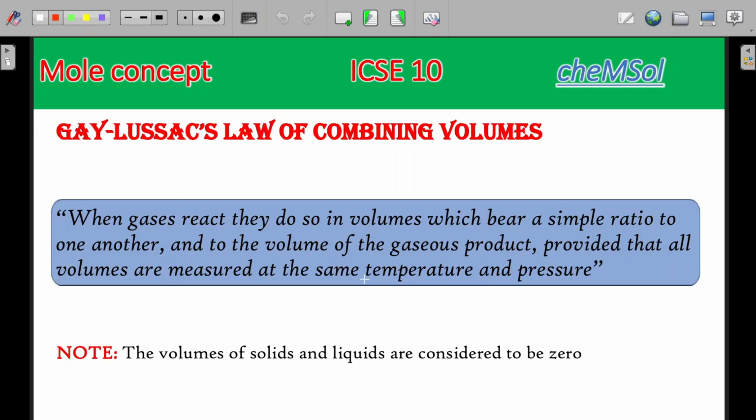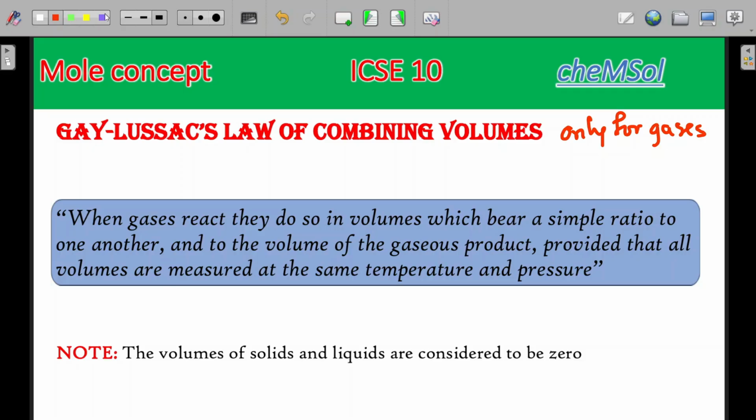Remember, Gay-Lussac's law of combining volumes is applicable only for gases. You should not use it to find the volume of any solid or liquid. Only for gases.